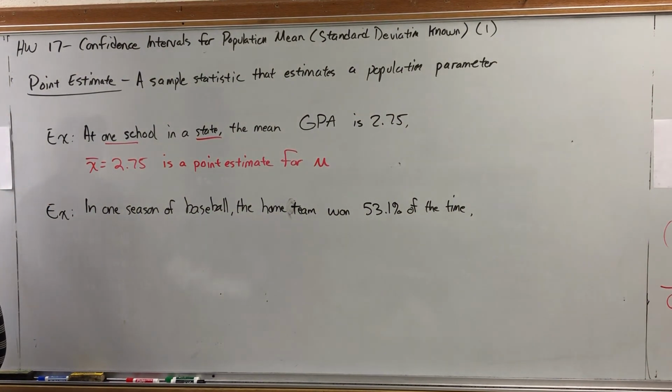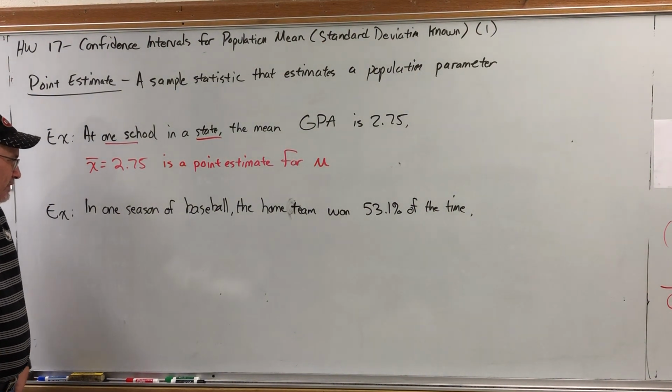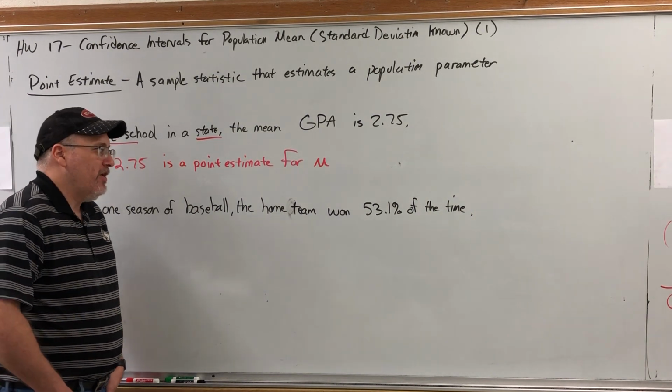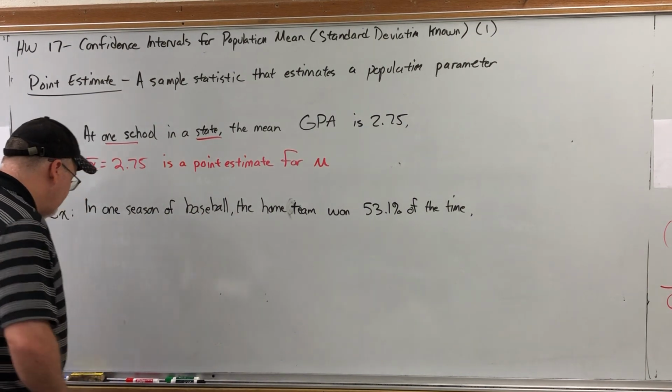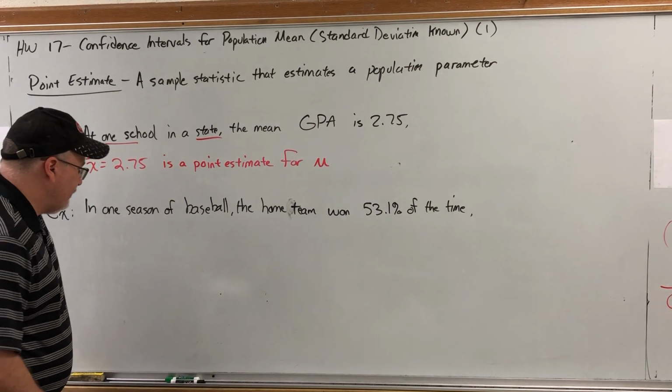There's another version of point estimates that we're going to be looking at, and this next example illustrates it. In one season of baseball, the home team won 53.1% of the time. We could use this if we were testing if home field advantage was actually a thing.